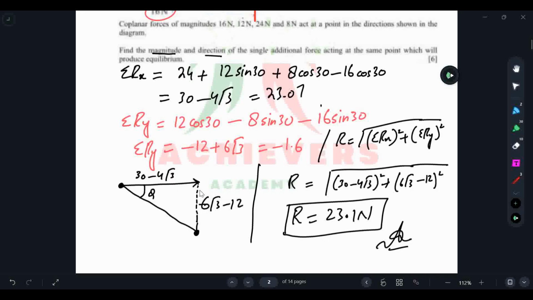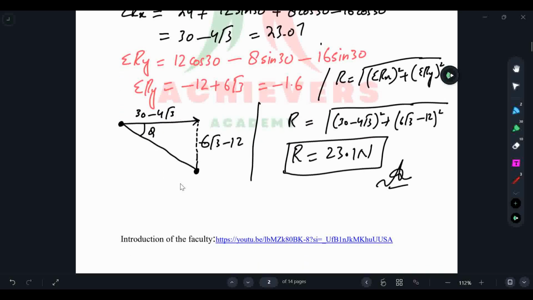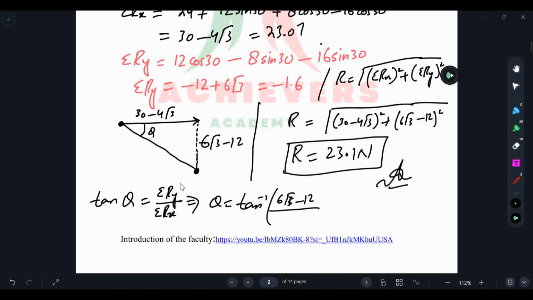Now let's find out the angle also. Theta should be equal to, because tan theta is equal to the summation of Ry by the summation of Rx, so theta will be equal to tan inverse of the summation of Ry, which was 6 square root of 3 minus 12, divided by 30 minus 4 square root of 3.